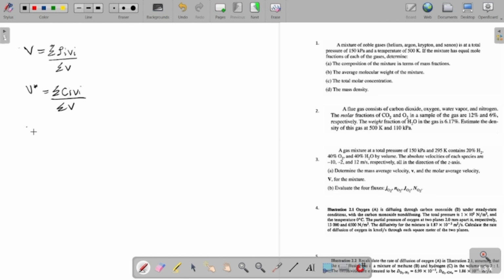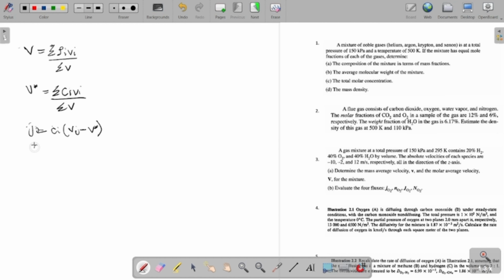So the small n is the mass flux, the big N is the molar flux. The small j is the mass diffusive flux, then the big J is the molar diffusive flux, right? So you can see that the small one will be given by the ρi times the individual velocity minus the average, the mass average velocity, right?